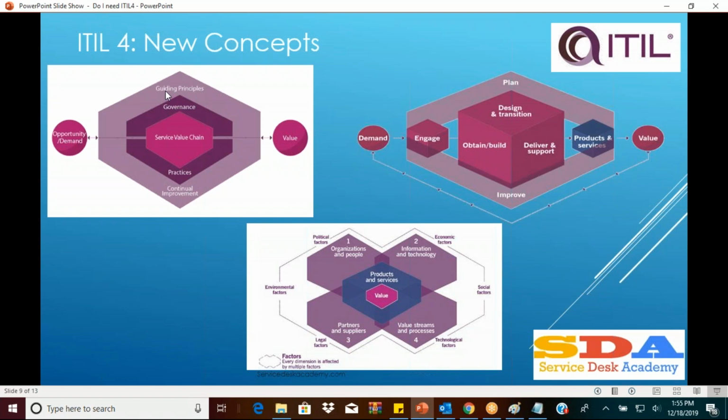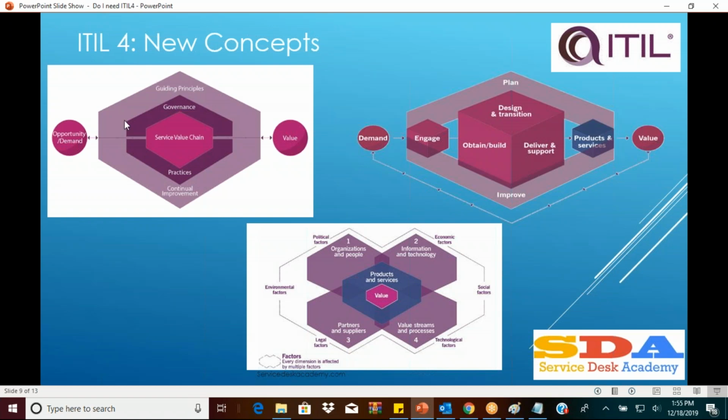So we have guiding principles. We've got 7 guiding principles. That is focus on value, start where you are, progress iteratively with feedback, collaborate and promote visibility, think and work holistically, keep it simple and practical, and optimize and automate.